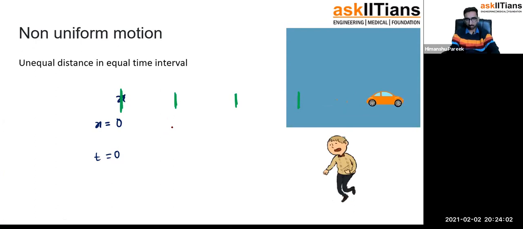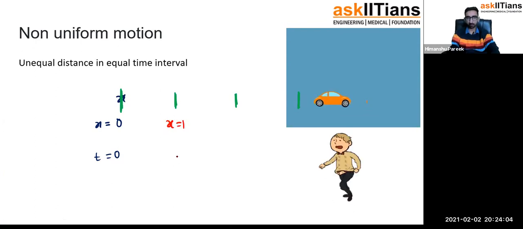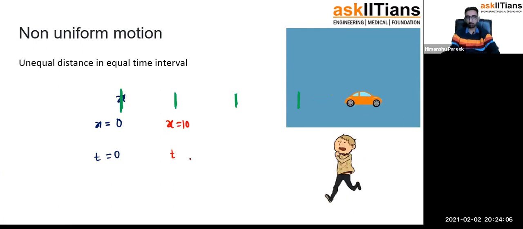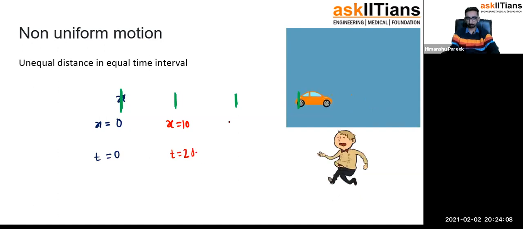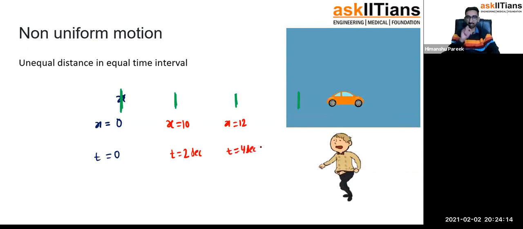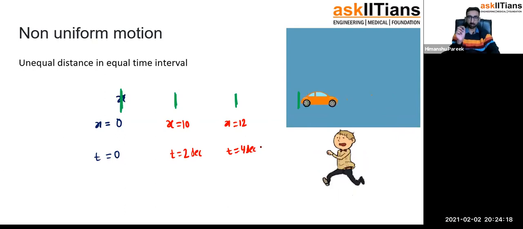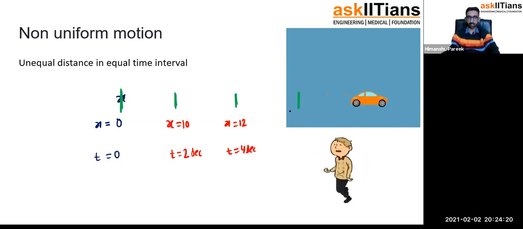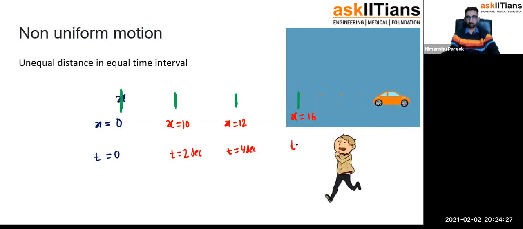So let us see the distance traveled by the car. If the numbers are like this: x is equal to 10 at t equal to 2 seconds, x is equal to 12 at t equal to 4 seconds. I'm saying at, that's not an interval, that's a particular time, t equal to 4 seconds. Then x is equal to 15 at, let's say, t equal to 6 seconds.